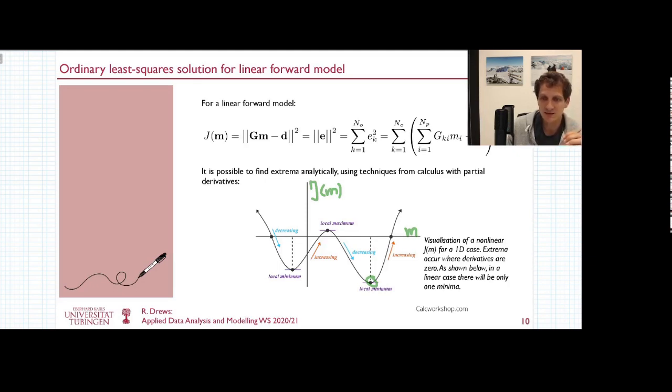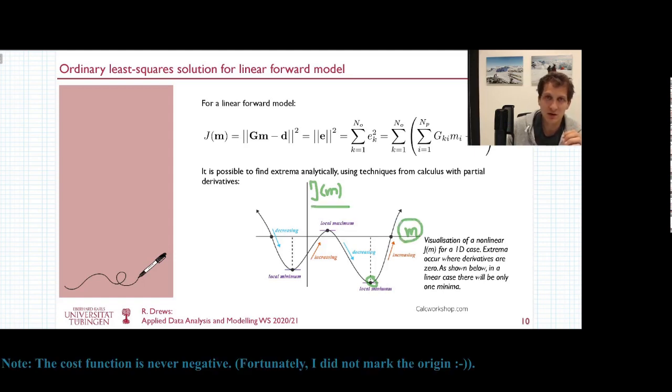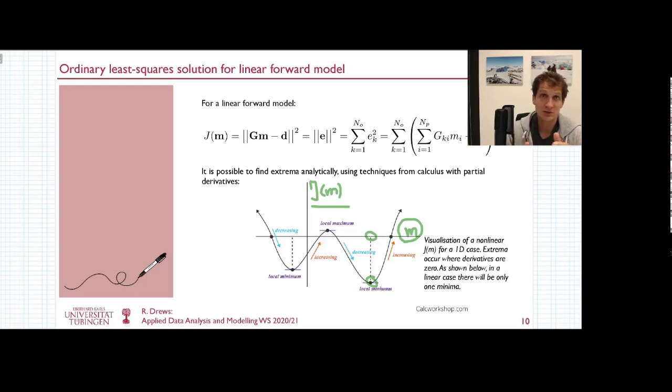So on the x-axis, I would have my free model parameter. On the y-axis, I have the cost. And I would like to find the location where the cost function is minimum, and this would then tell me what my optimal model parameter is. Now all your bells should obviously ring, because what this comes down to is finding extrema of functions.